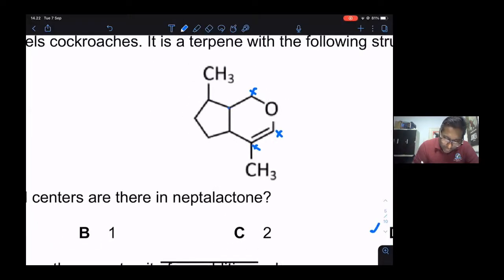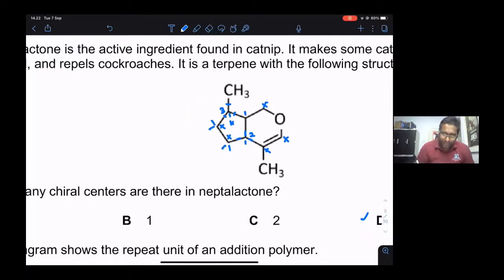This is going to be one group, another group, and there will be hydrogen. So this is going to be one chiral center. If you look at this, one group, another group, another group, another hydrogen, therefore this is going to be another chiral center. This one, 2 hydrogens, no. But if you look over here, 1, 2, different, and then there will be another hydrogen. So therefore 3. The answer should be 3.